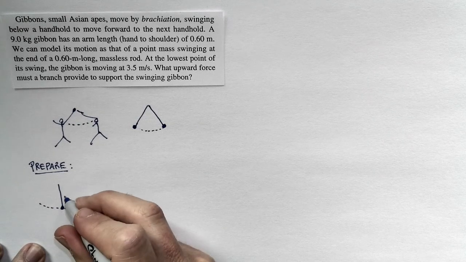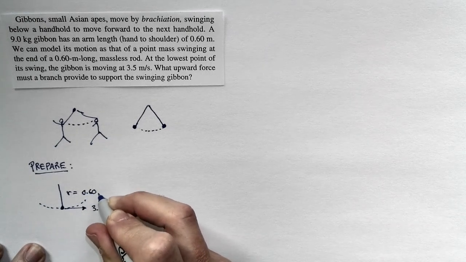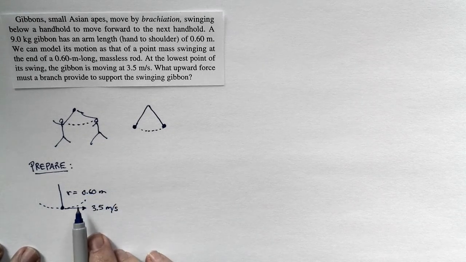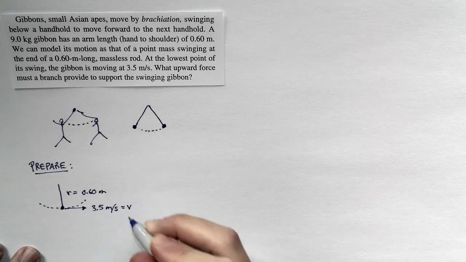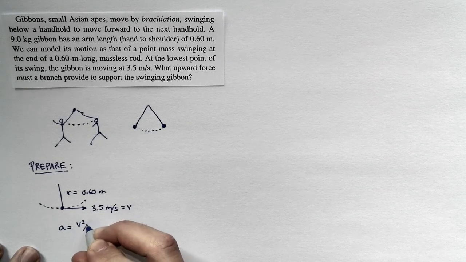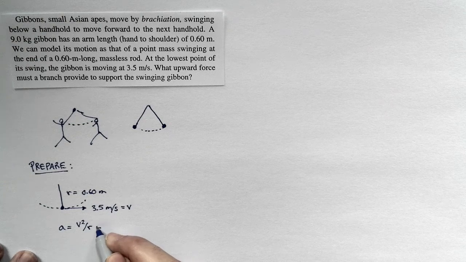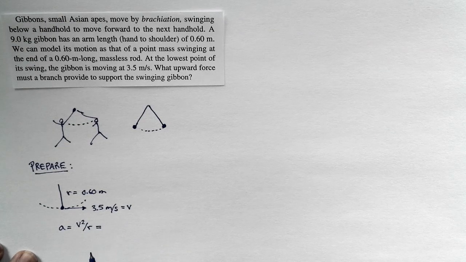The radius of the circle is just the length of the arm. That's 0.60 meters. So we know the radius, we know the speed, and the acceleration is just equal to v squared over r for circular motion. Since we know the radius and the speed, let's go ahead and calculate the acceleration, because that's surely going to be a number that will be useful for us later.